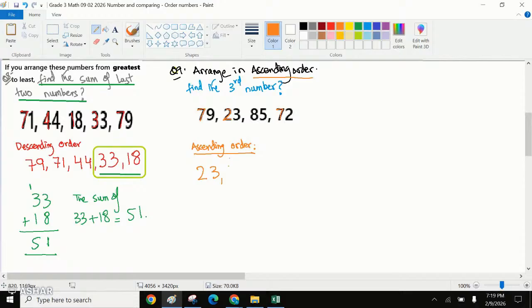So we look at the smaller unit, 72, 79, and 85. But the answer has to be this. So we can say the third number is 79.